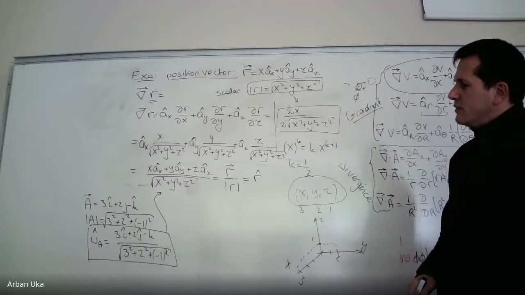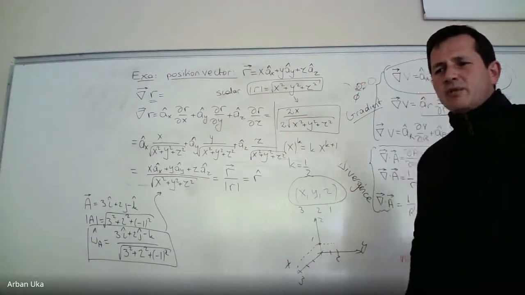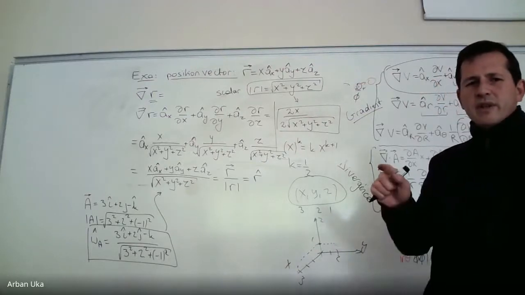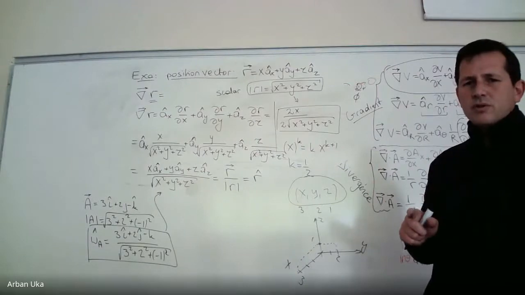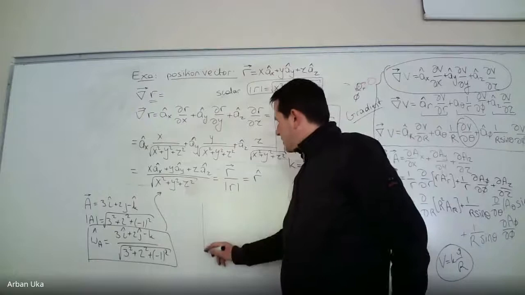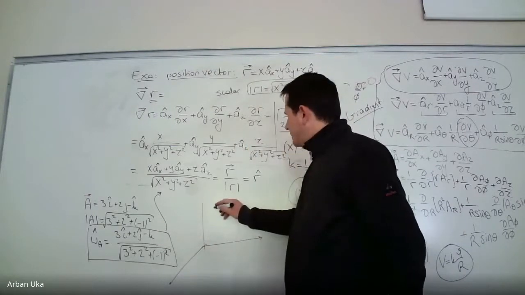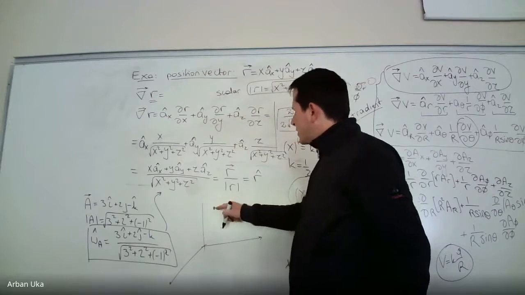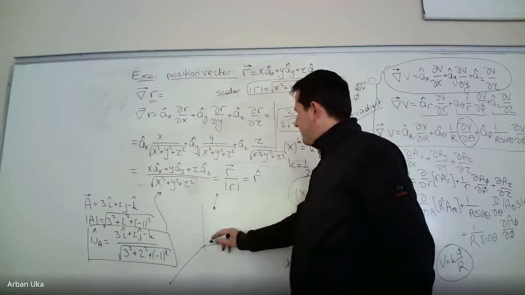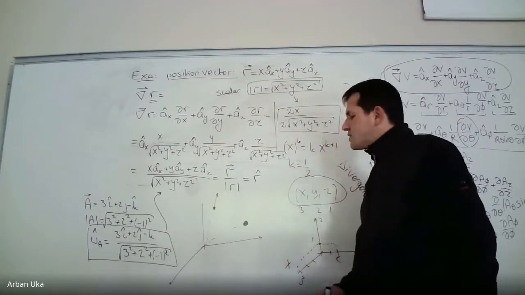And what was the meaning of the gradient? The meaning of the gradient is that it provides for us the direction over which the quantity increases the most. So in this case, if we are at any point here, what is the gradient at this point? If we are at some point here, what is the direction?